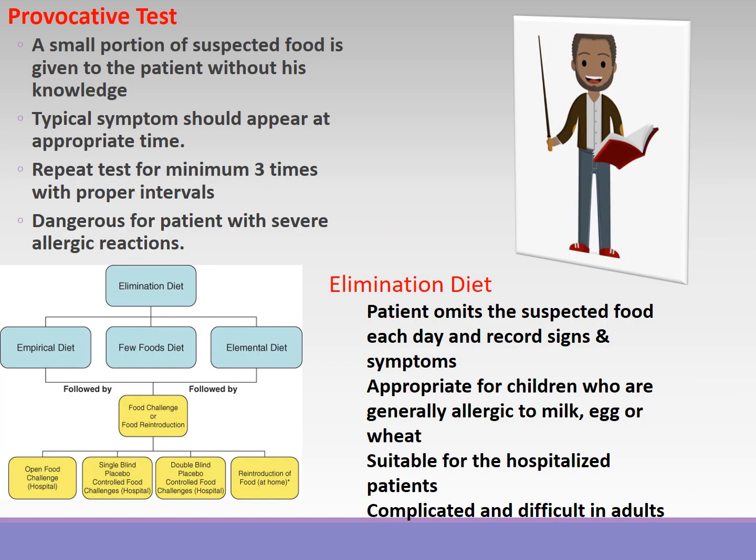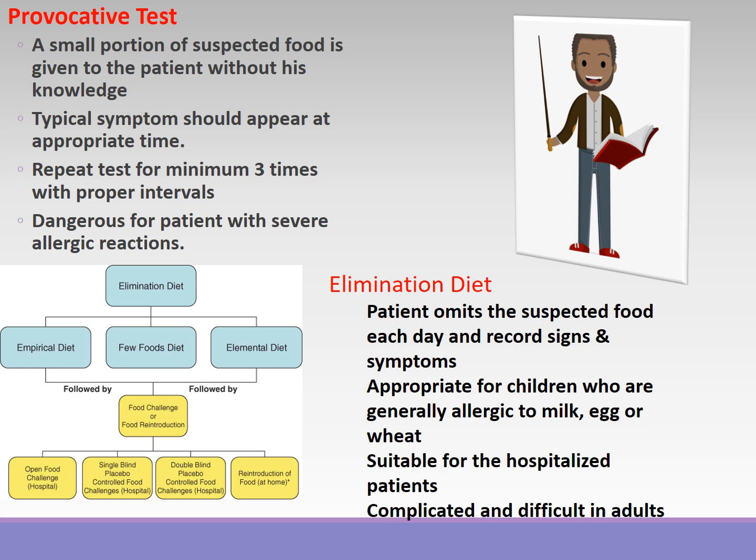Then provocative test. It is a clinical test in which a small portion of suspected food is given to the patient without his knowledge. Typical symptoms should appear at the appropriate time. This test will be repeated a minimum of 3 times with proper intervals.